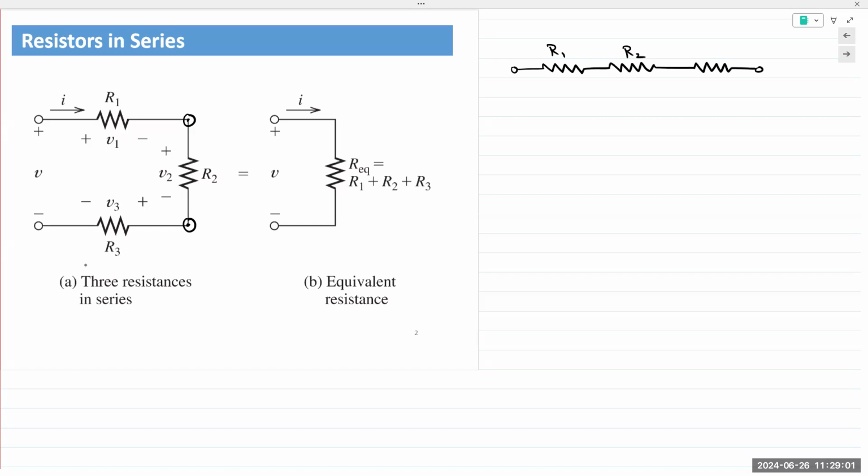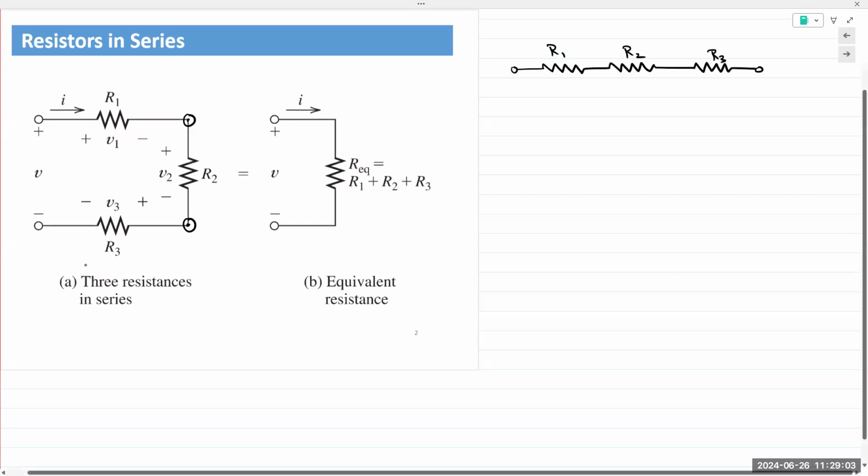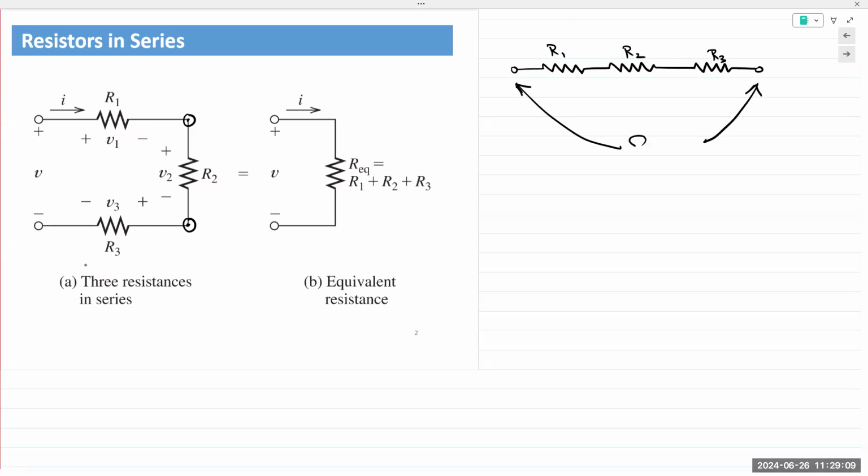R1, R2, R3. We can state that R1, R2, and R3 are in series with each other. The entire network is in series.